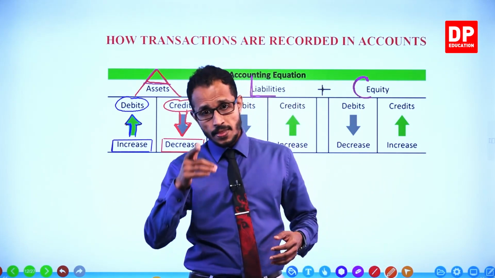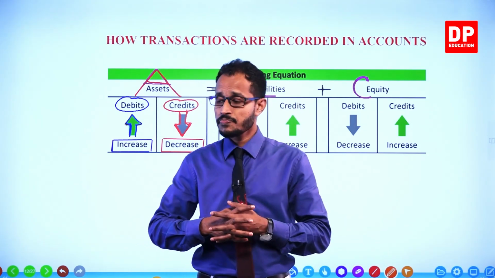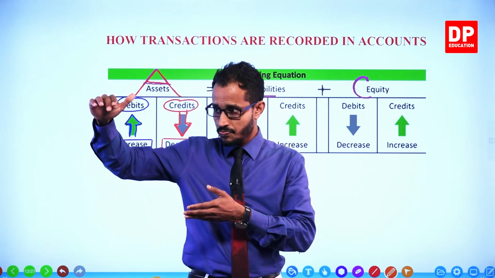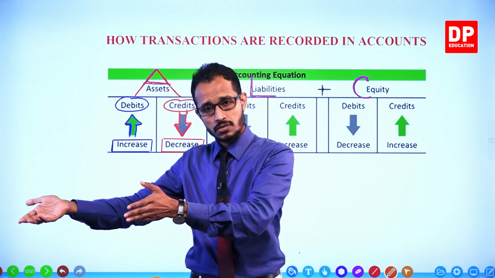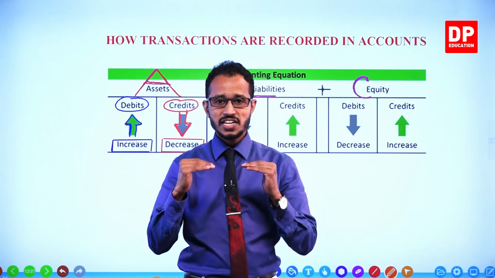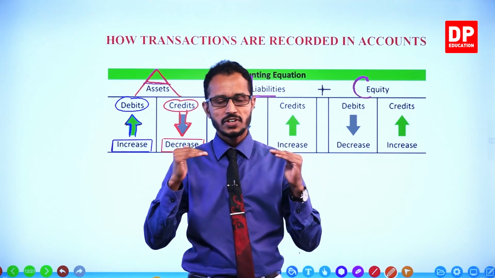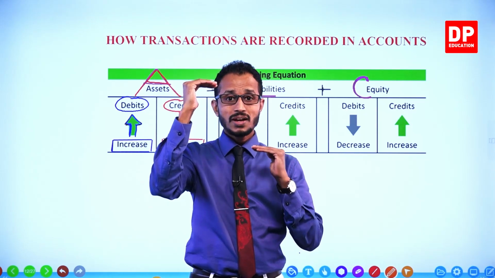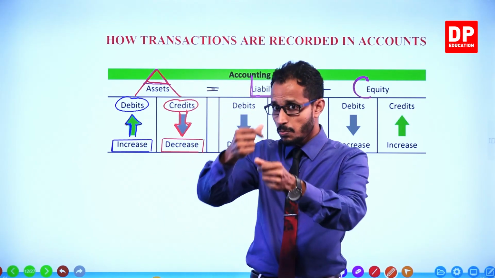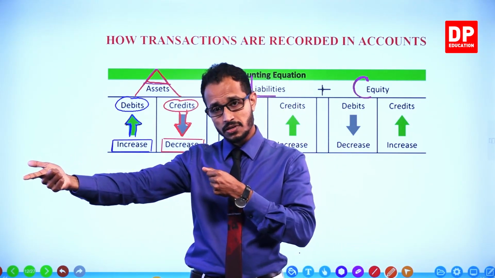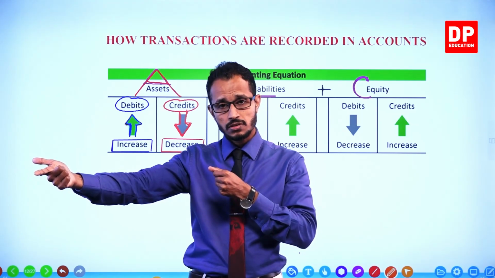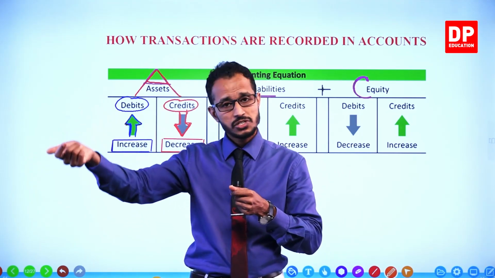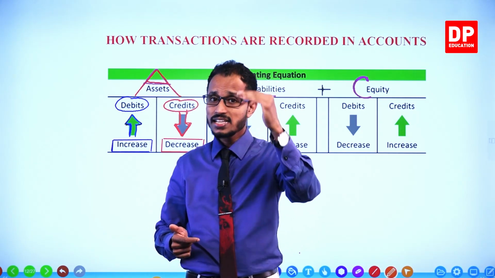Well, to show that, if you take the same example, buying new furniture for the use of the business, the furniture in the business has increased because of this transaction. But at the same time, if you paid by cash for the furniture, the cash asset in the business has decreased.